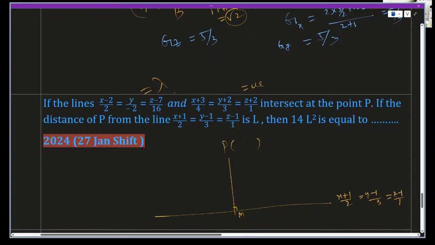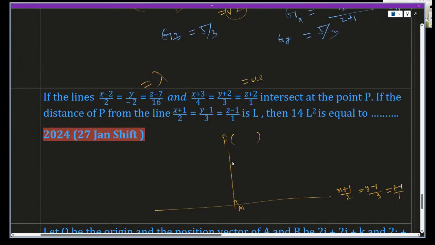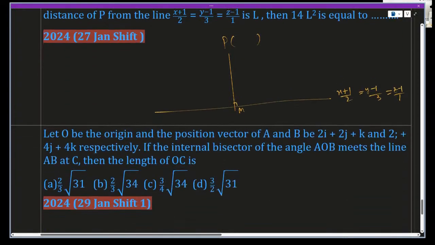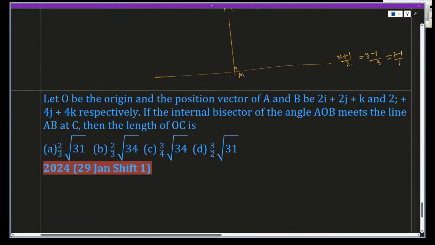The method is the same. After getting the point of intersection, you take a point on the line perpendicular to this line. From there, get the image point. Just the distance, M only you find, and then PM. Hope you can do it. It's not a problem for a JEE aspirant. Go for the next one.